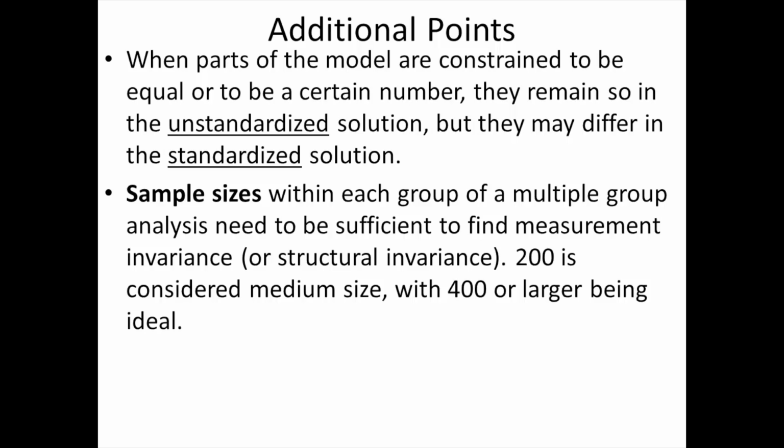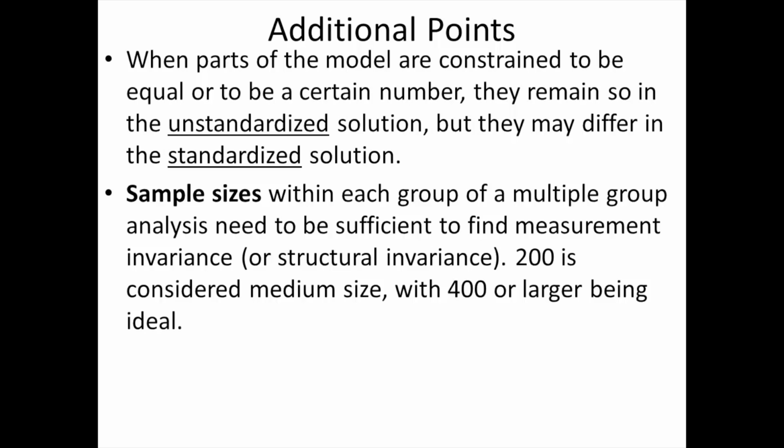The other thing we have to be really cautious about is that when we specify multiple groups, we need to know whether we have a large enough sample to run the model. It essentially splits our sample in half when we have two groups. Let's say our overall model has boys and girls in it, we have 200 children, and we have 20 variables in our model, then we're just fine.